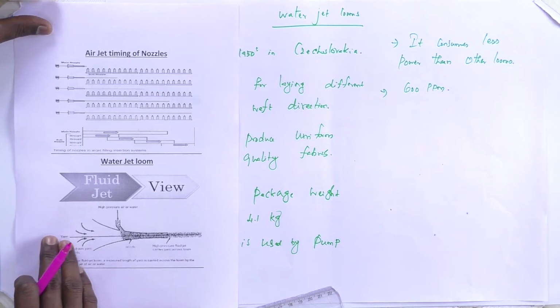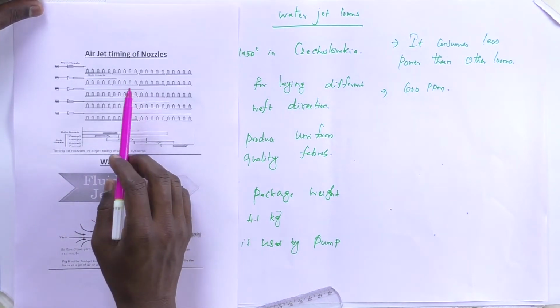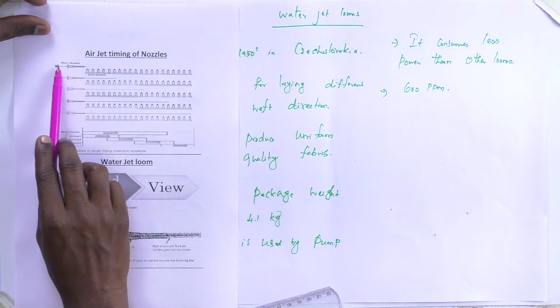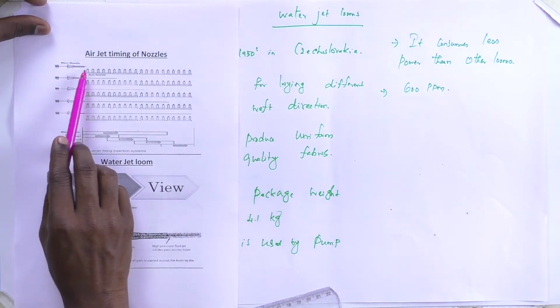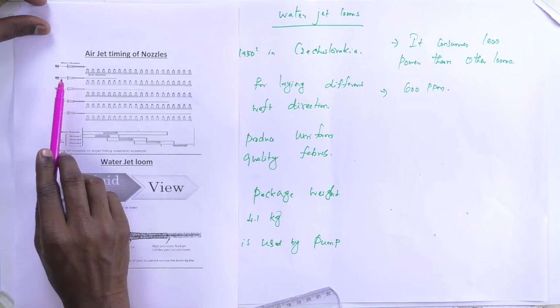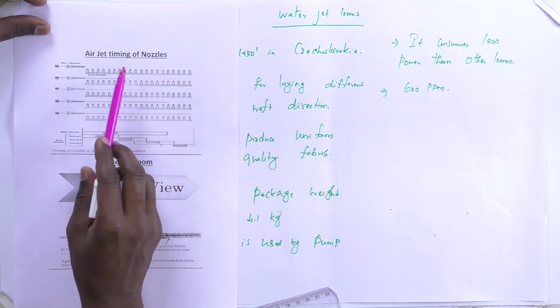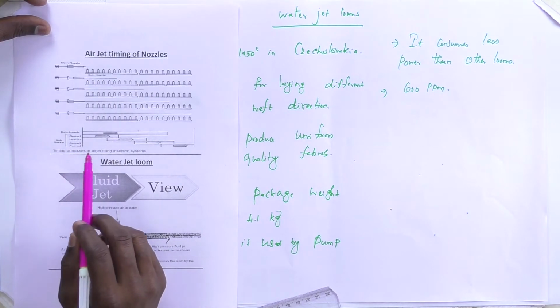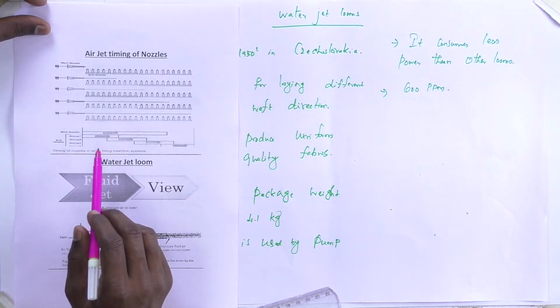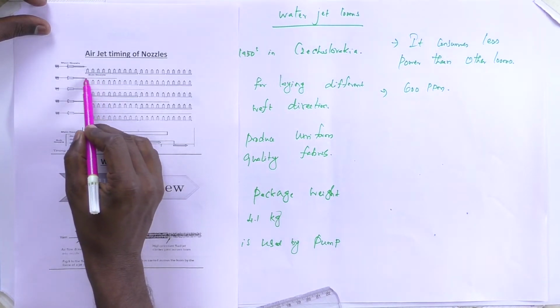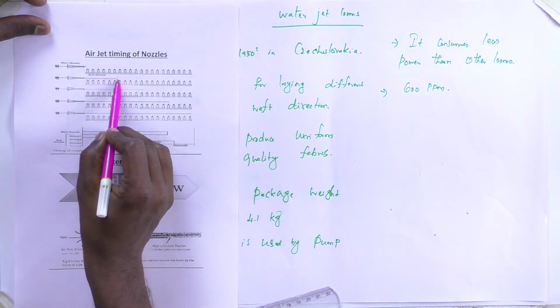So how is the air jet loom timing followed? This is a main nozzle which propels the air and weft yarn. There are 1, 2, 3, 4 sets of sub nozzles available based upon the type of loom and width of the loom. The first nozzle carries the weft yarn up to this area.